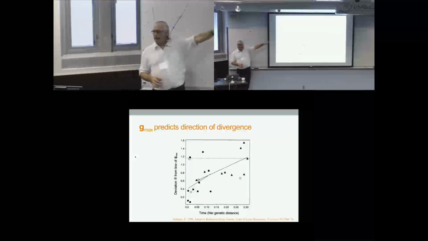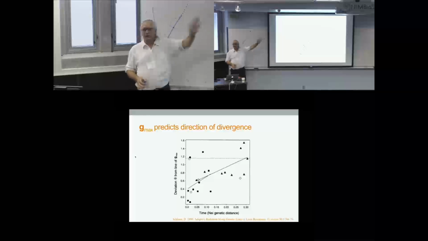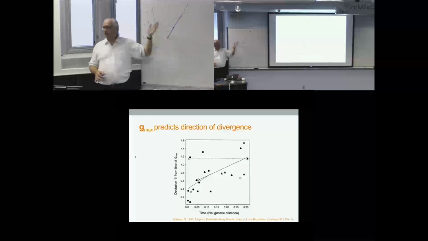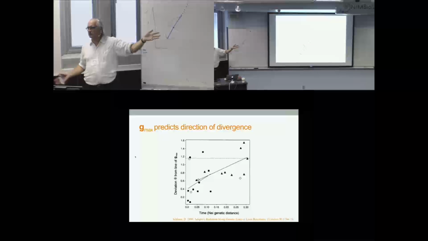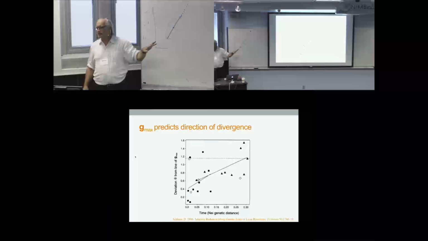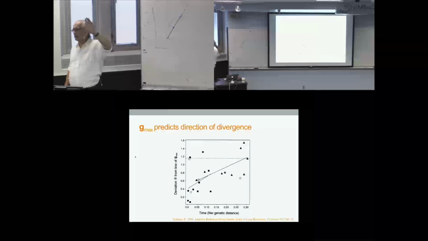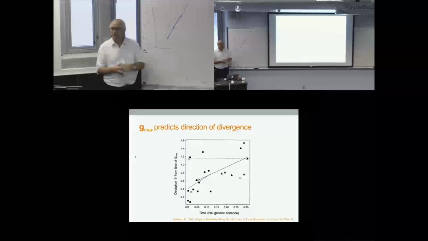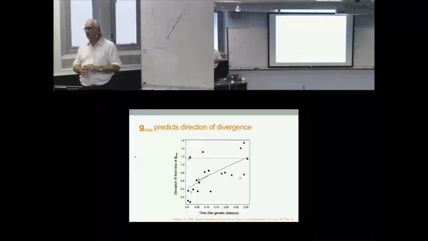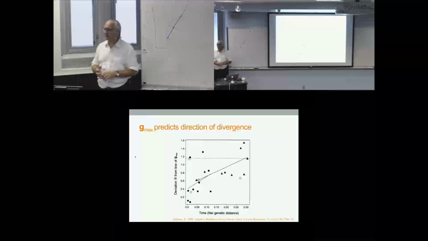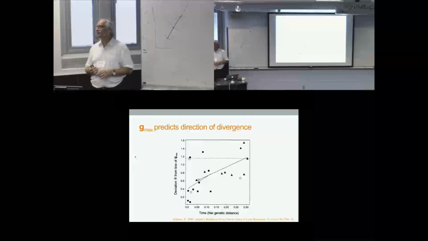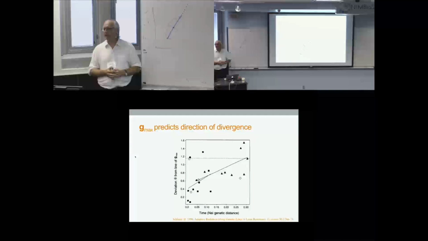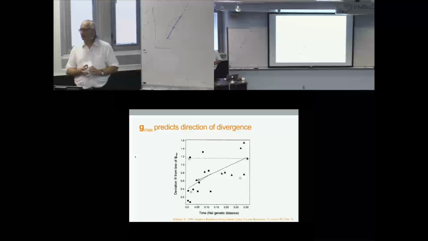All the data that he had in this paper, somebody had measured G for traits they cared about that they thought were important ecologically on one of the species, and on the other species they only had morphological means. So this is sort of a random pick of one of a pair, probably the one that was easier to grow or get, but hopefully random with respect to the other properties.